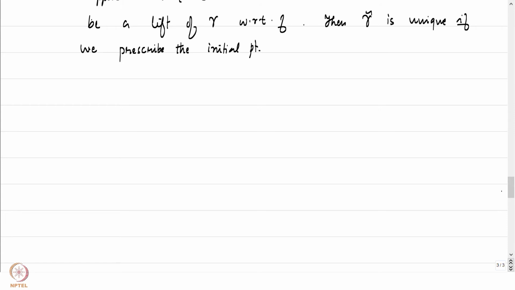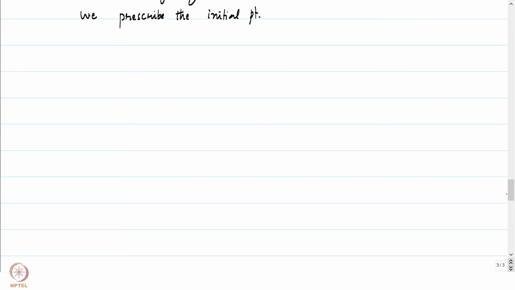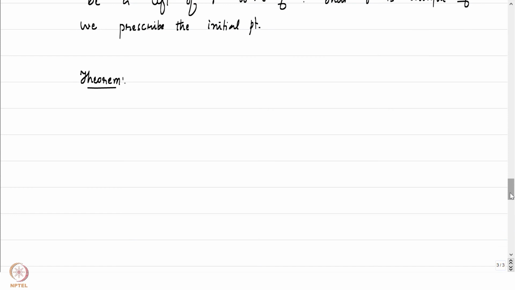We can say more about lifting of curves. In fact, we will now prove a theorem which says that homotopic curves, if at every stage it can be lifted to a curve starting at the same point, then the lifted curves will also be homotopic. Let me just write that theorem down and make it precise for you. We're going to go back to the setup of a local homeomorphism.